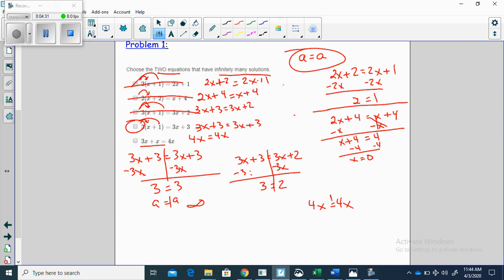But let's try subtracting the 4x from each side and see what we get. And if I do that, I get 0 is equal to 0. That's the same thing as A is equal to A. Those two are exactly the same. Hence, this also has infinite number of solutions. No matter what I put in for x, I would get an equal or true statement there.